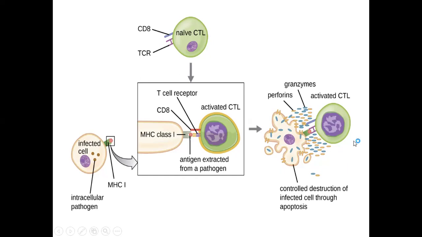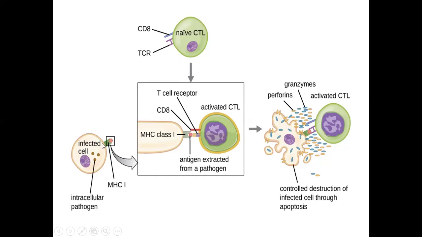All those cells will be like an army, like warriors, and all the cells will have information about the new pathogen and its epitope. And all these clones will go into the blood and will start to find infected cells.